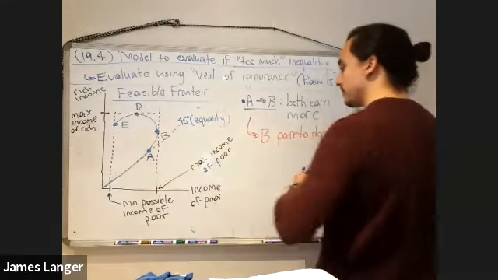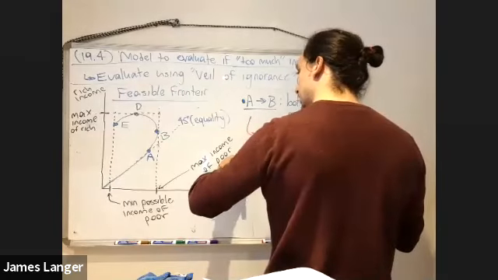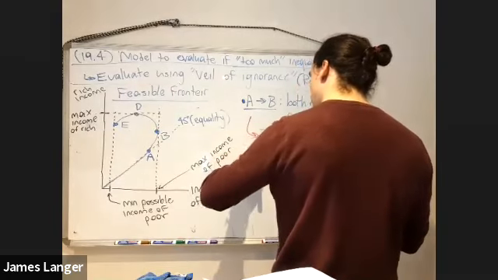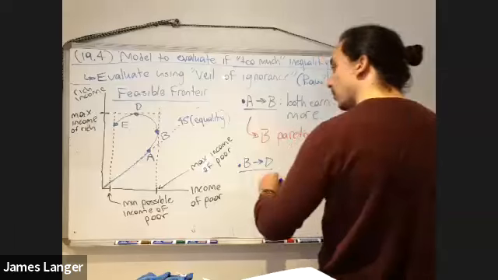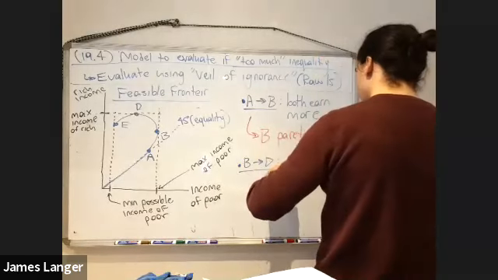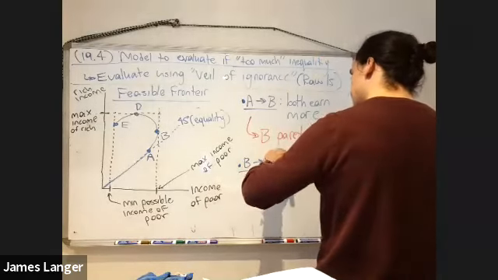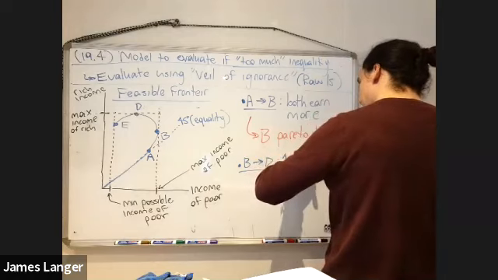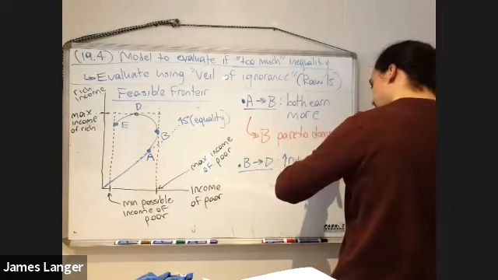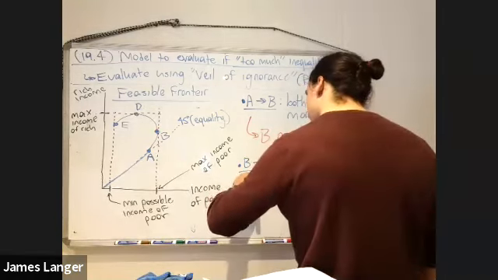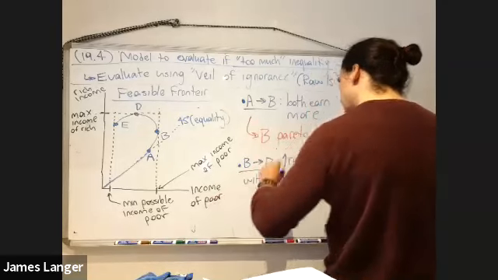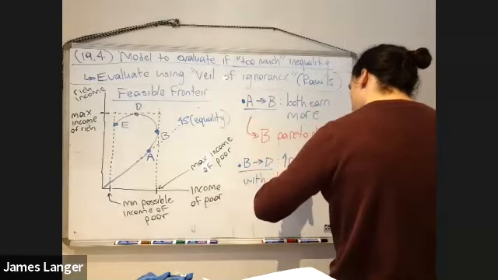Okay, but from B all the way to D, when we move from B to D, we see an increase in rich income with a decrease in poor income.